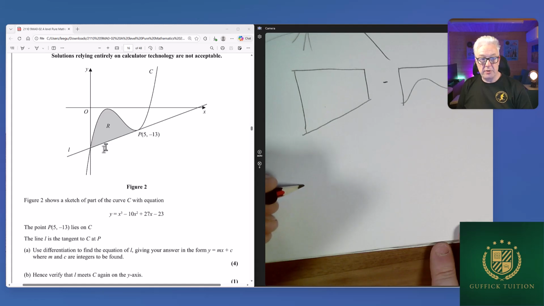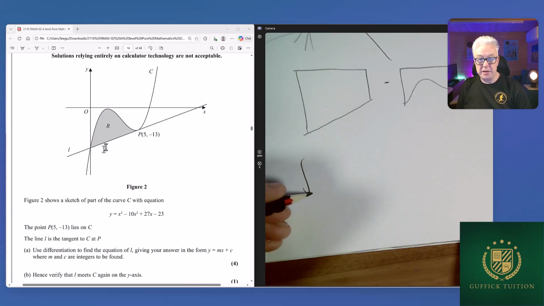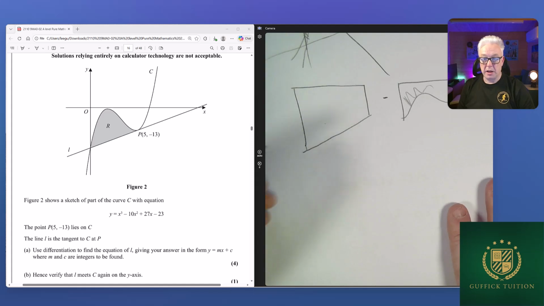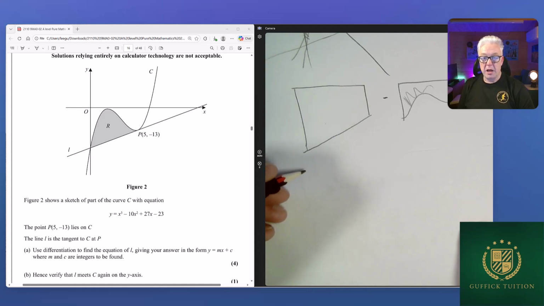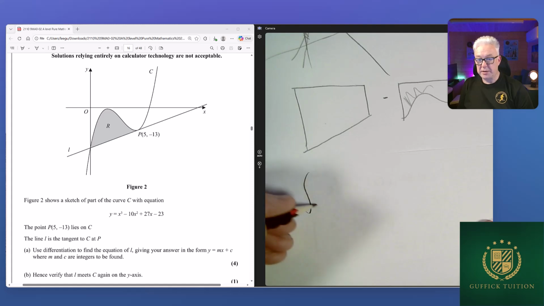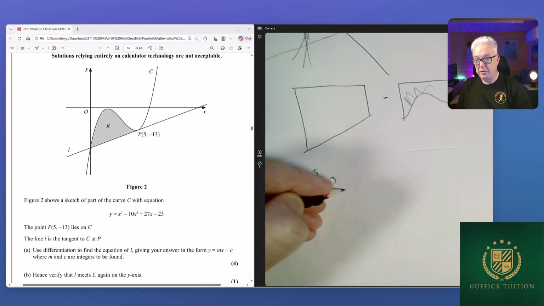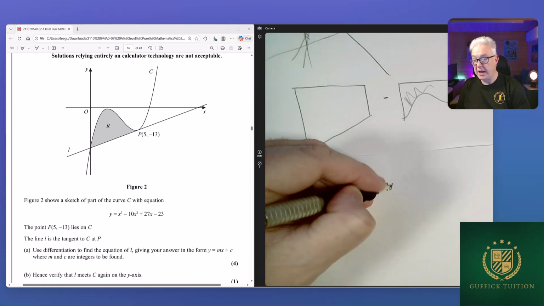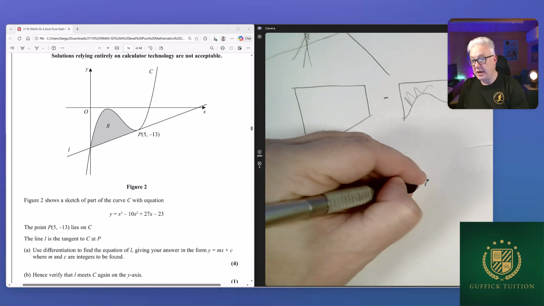Let's integrate the curve between the limits of 0 and 5. So the integral between 0 and 5 of x cubed minus 10x squared plus 27x minus 23 dx.